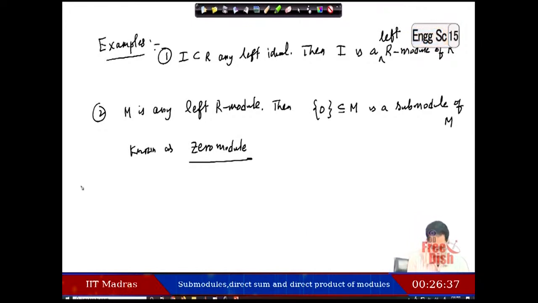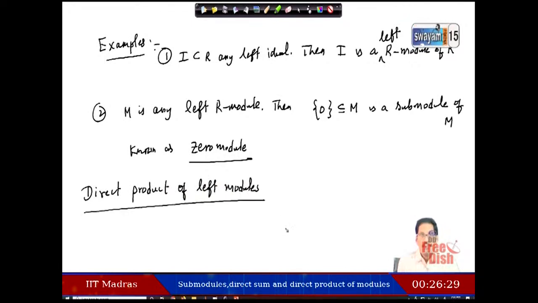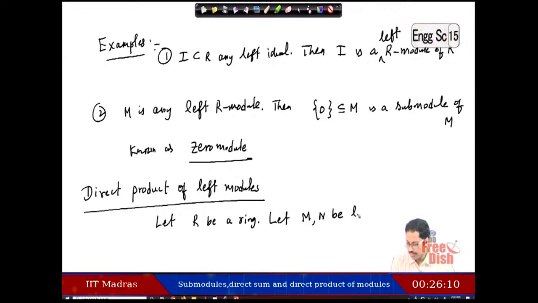Let me go to the next definition, which is the direct product of left modules. Let me start with a ring, let R be a ring, let M, N be left R modules.